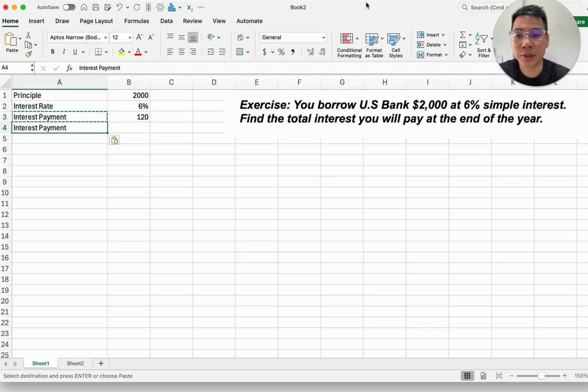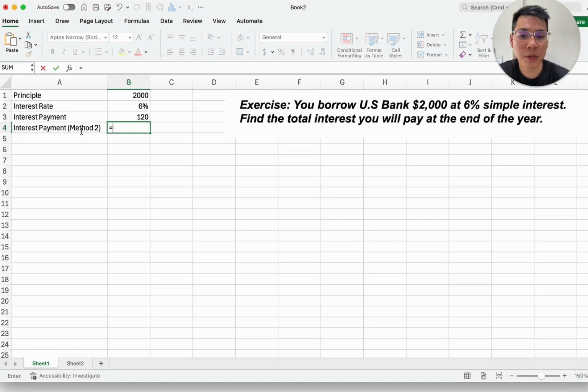I'm going to use interest payment, and I'm going to say it's method number 2. So what you do is use the IPMT function. I stands for interest, and PMT stands for payment. The rate that you're using is 6%. The period is each period that we have to pay the interest, and the number of periods is 12 months.